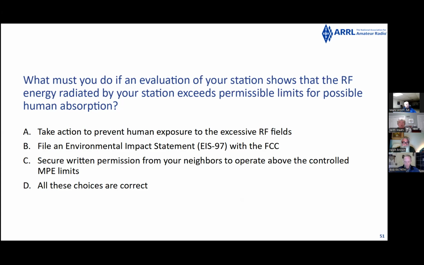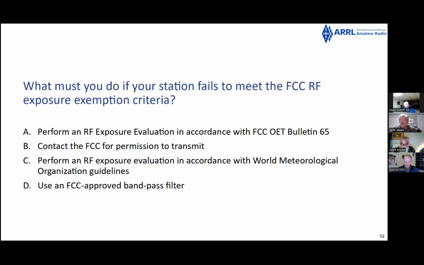All these choices are correct. A, you take action to prevent human exposure. What must you do if your station fails to meet the FCC RF exposure exemption criteria?